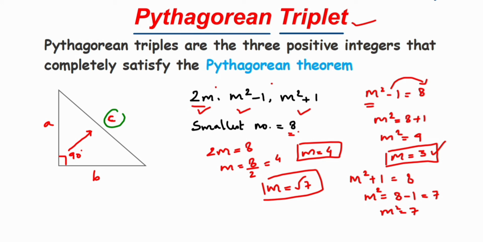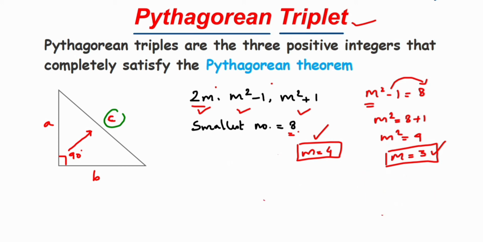So here I'm assuming that my m is equal to 4. I'll show you with m equal to 3 also after this. So m is equal to 4. How did I get 4? I assumed that 2m is equal to 8, and that is how I got m equal to 4. In that case, m square minus 1 and m square plus 1 will be my other two numbers.